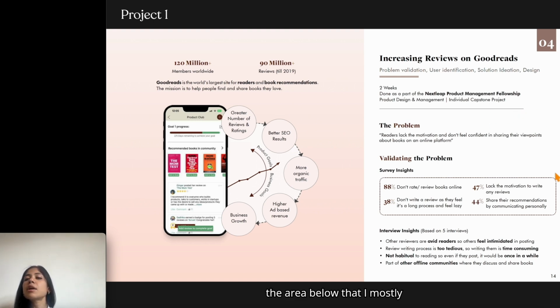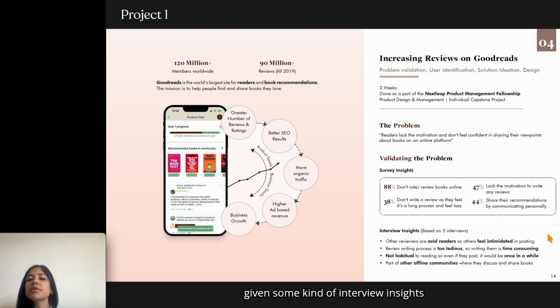Then the area below that I mostly dedicated to the most crucial aspects to set more base for the project. For instance, in this project, giving more information on what the problem was, and because the problem identification was a part of the project, I've given what the problem was and how I validated it, so some insights from the research, and also made sure that these numbers get highlighted by how the hierarchy of the text is.